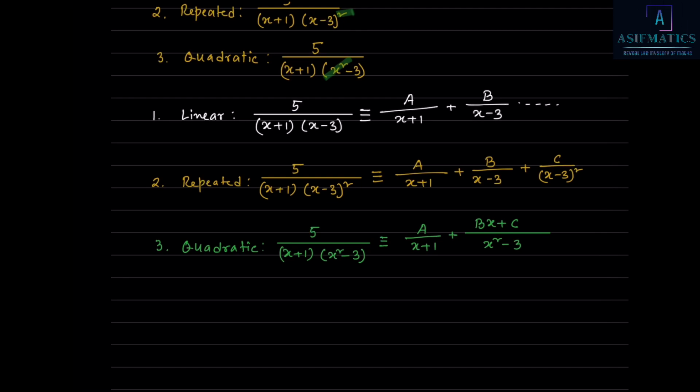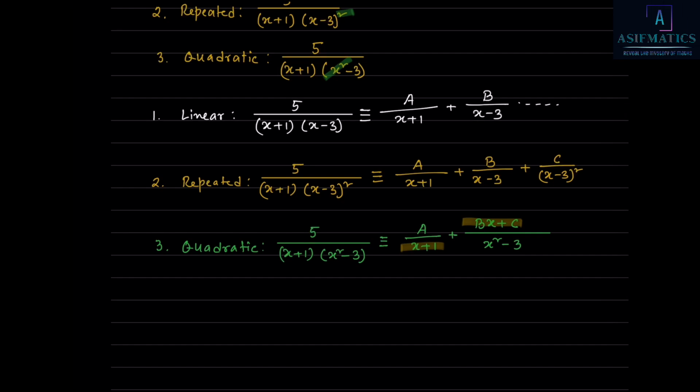Without this identification we cannot progress. So these three forms we need to write in this way. Now the question sometimes comes that students might be confused whether we should write a by this one first or bx plus c last. You can change the notation, no problem. You can write ax plus c divided by x square minus 3 plus b divided by x plus 1 also. It depends on you, no problem.